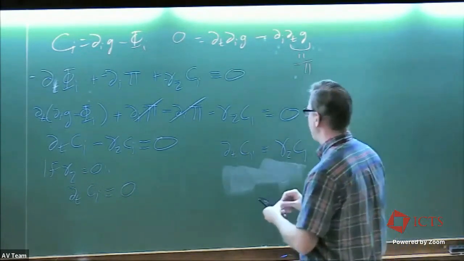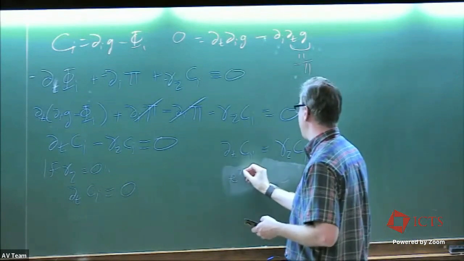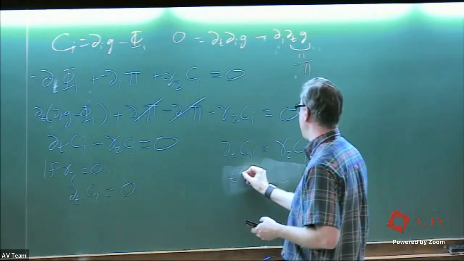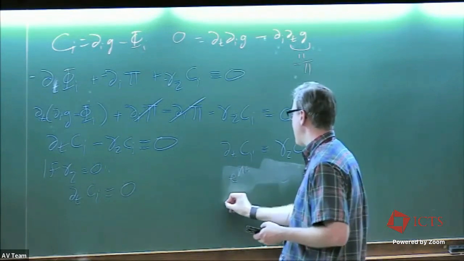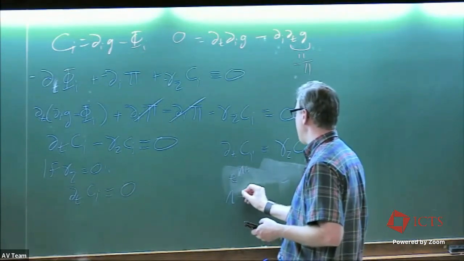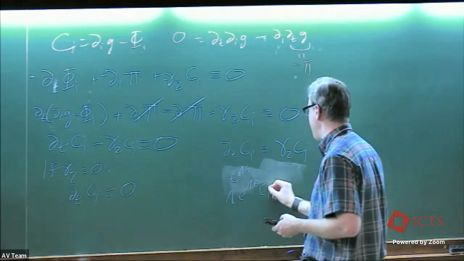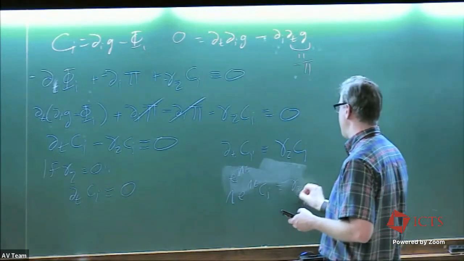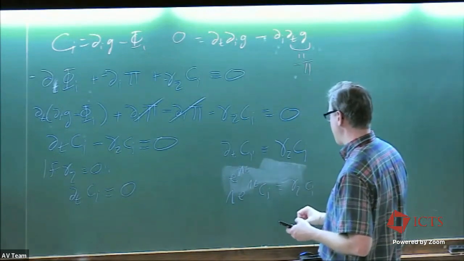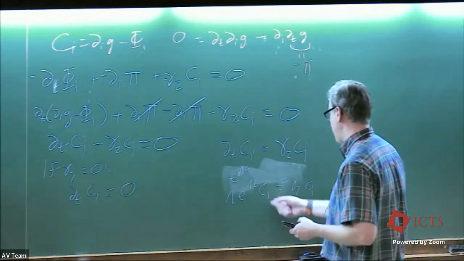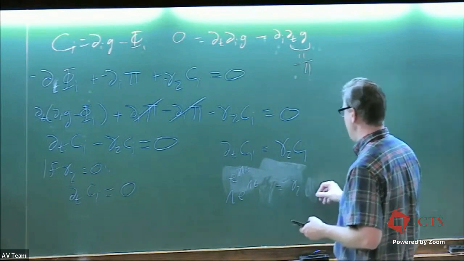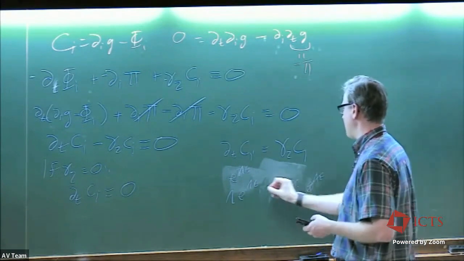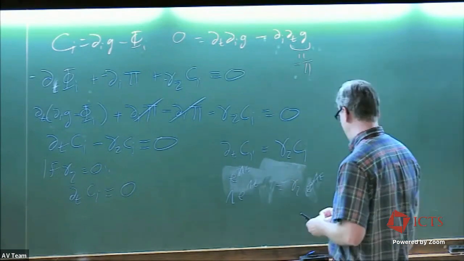We'll just guess e to the lambda t, plug that in, and we get lambda e to the lambda t equals gamma 2 times e to the lambda t. They cancel, so the lambda is just gamma 2.